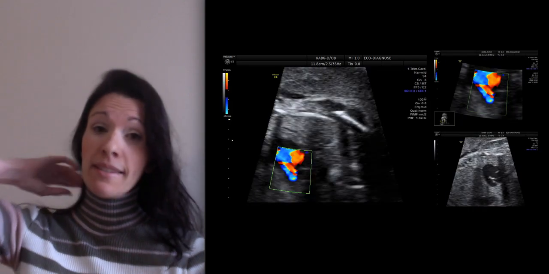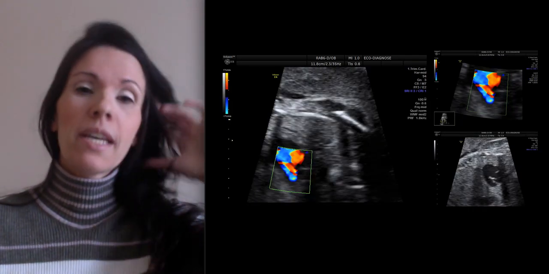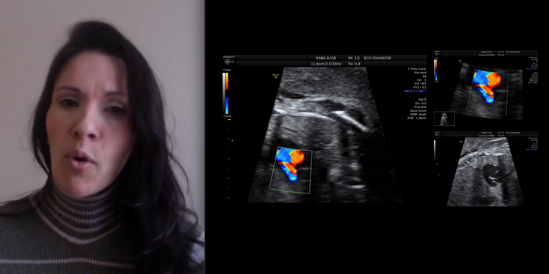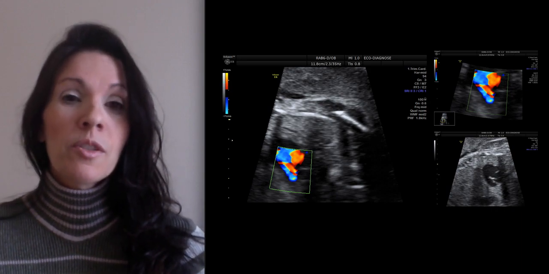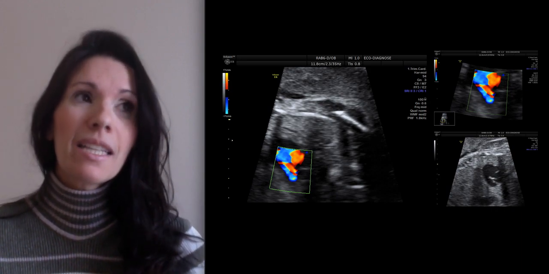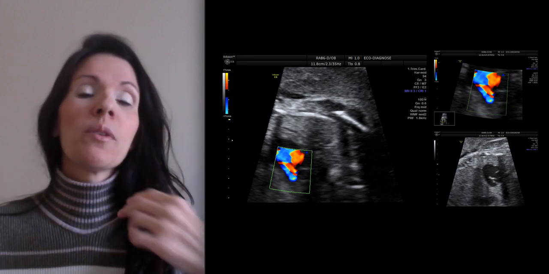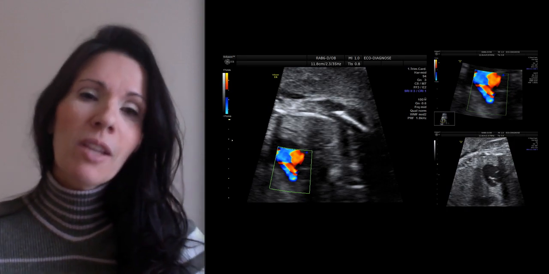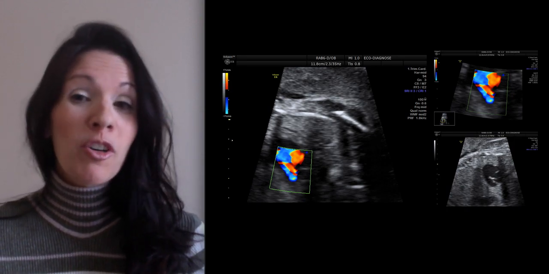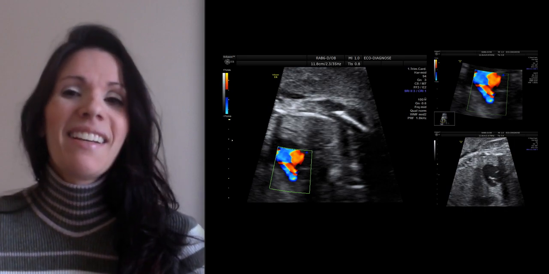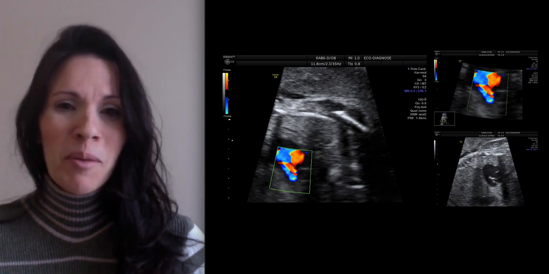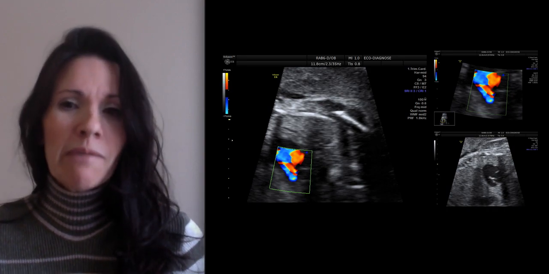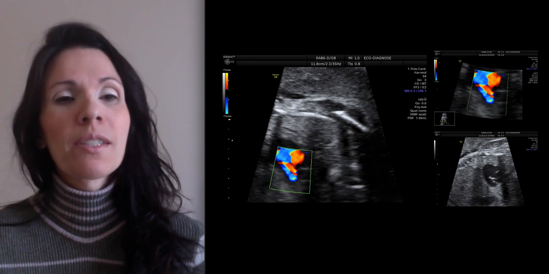And yesterday, at 28 weeks gestation, I didn't have that disproportion anymore, because at 28 weeks, normally you will have the right chambers a little bit bigger than left chambers. But because I had at 20 weeks the left chambers bigger than right chambers, this compensates during the development of the heart.